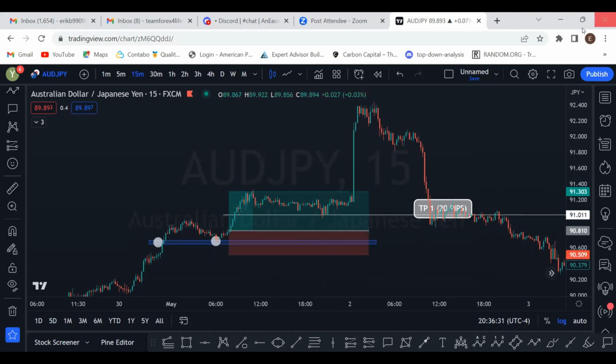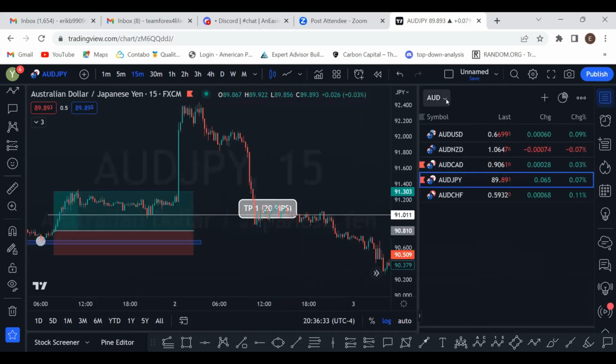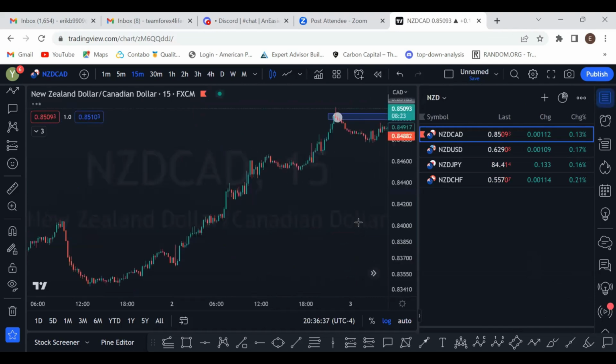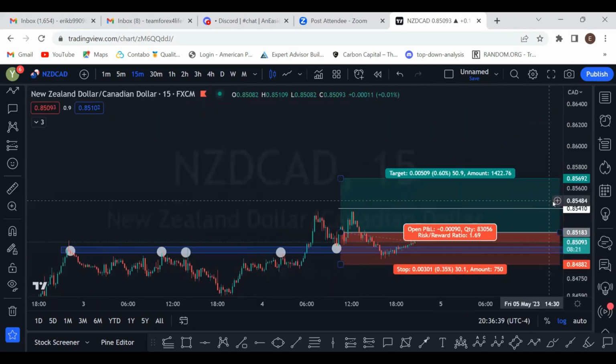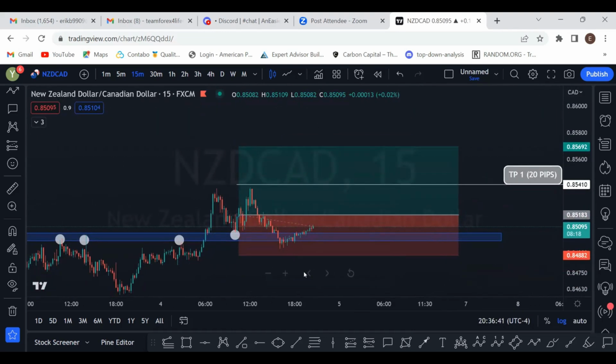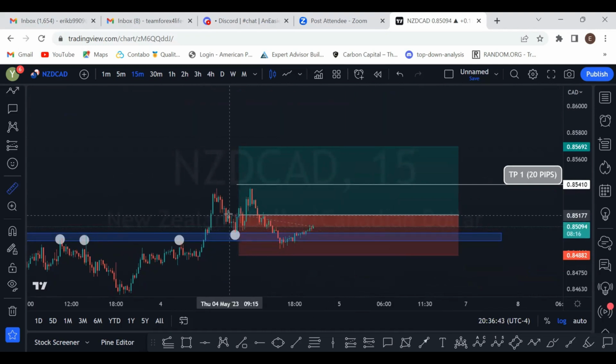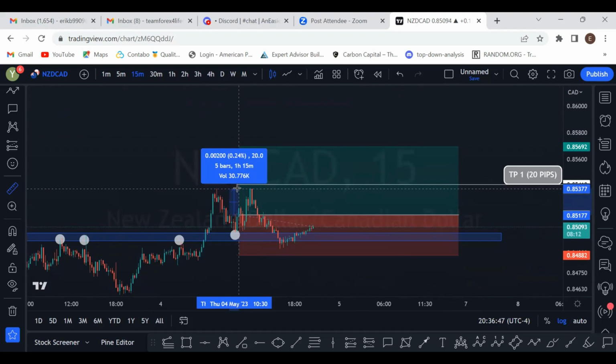If it goes 18, matter of fact, let's look at one. NZD CAD. Look at it. NZD CAD went the first time. It went 19? Well, I guess I went 20. I was off a little bit. Could have been the spread.